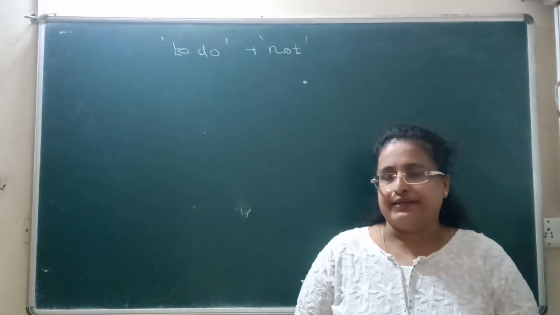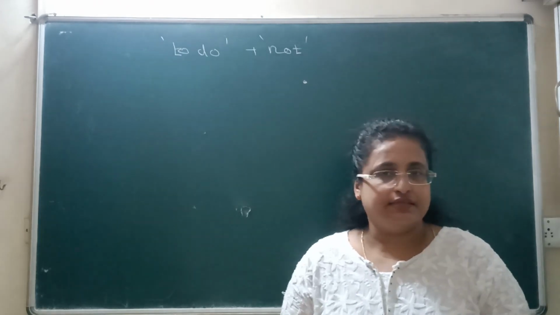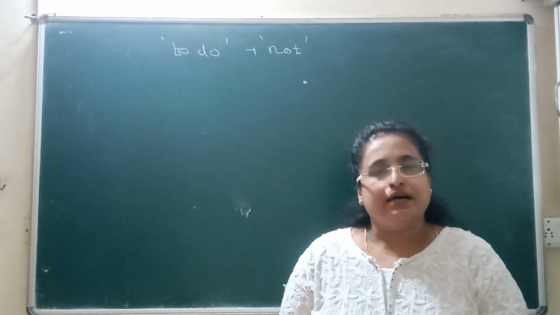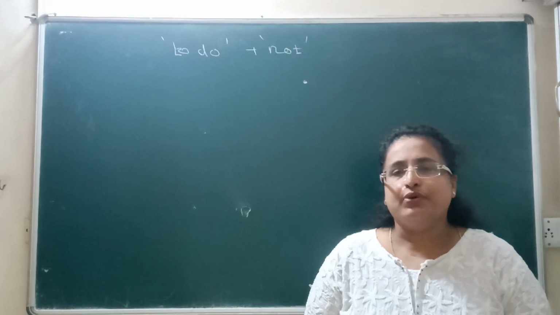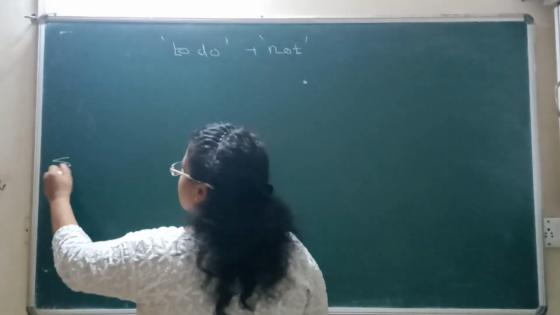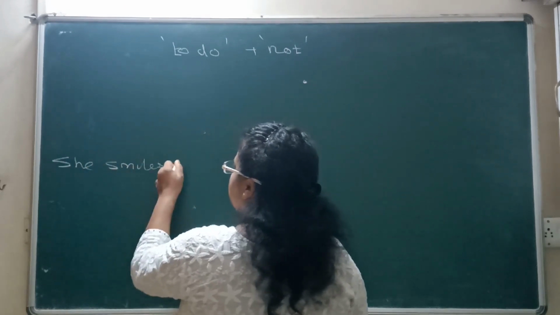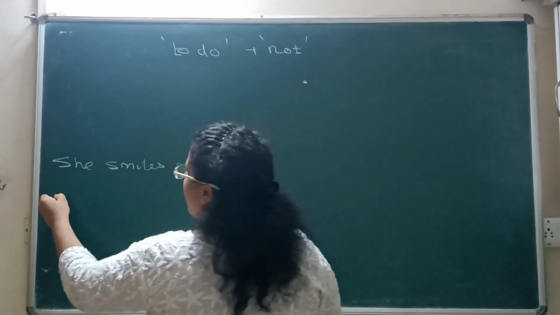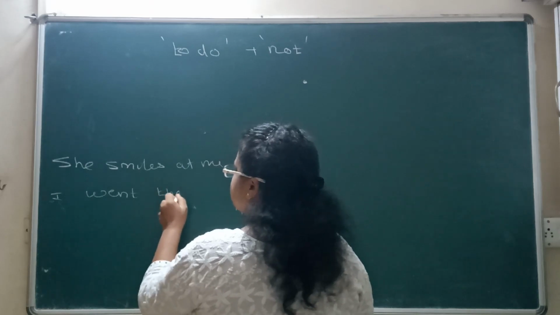Now, here is a catch. When we come to sentences where the tenses are in finite form, that is, in simple forms, how do you go about it? For example, if the sentence is: she smiles at me. See here, I went there.